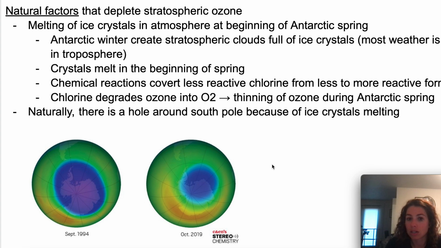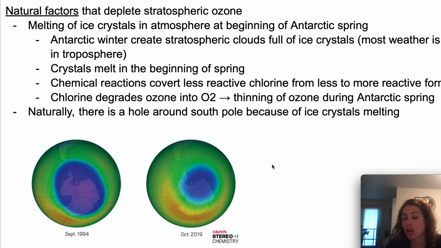Those ice crystals melt in the spring, and sometimes those ice crystals have chlorine in them. When those ice crystals start to melt, they convert less reactive chlorine into more reactive chlorine, and then that chlorine interacts with the ozone the same way that the man-made CFCs and chlorine do.